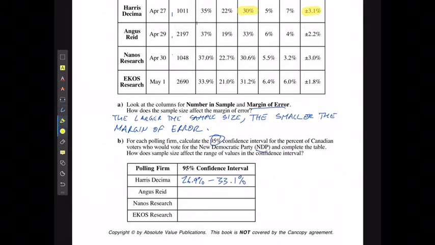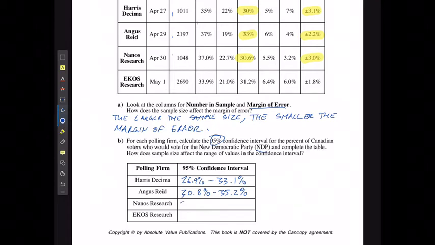For Angus Reid, I'm going to go up or down 2.2% from that 33%. I have a 30.8% to 35.2%. For Nanos, it's 30.6% plus or minus 3.